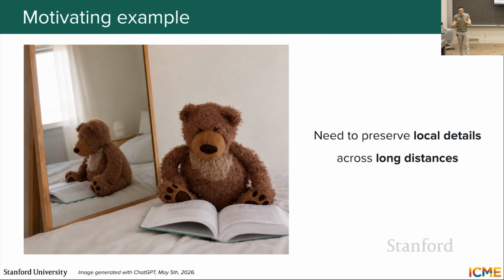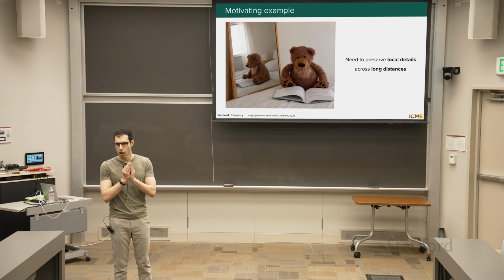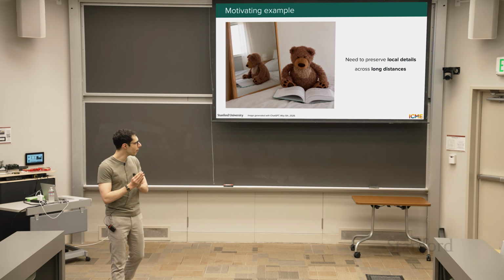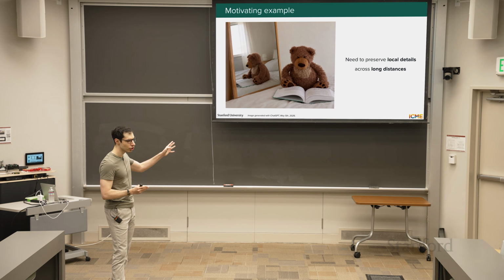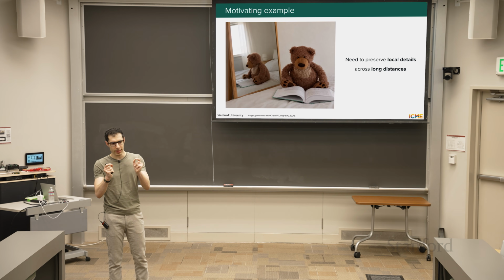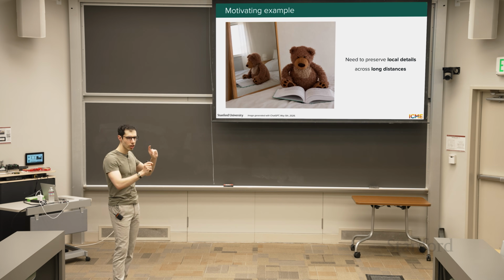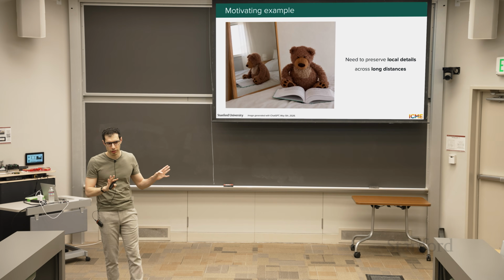Well, imagine you want to generate an image of a teddy bear next to a mirror. Well, what happens is, in your image, what you need is for the low-level texture to be very similar in one part of the image and in a very different part of that same image.